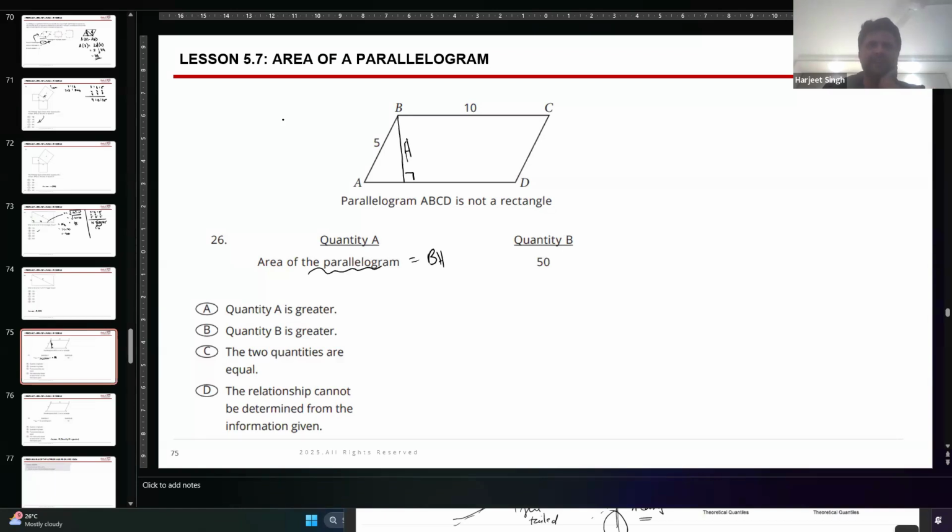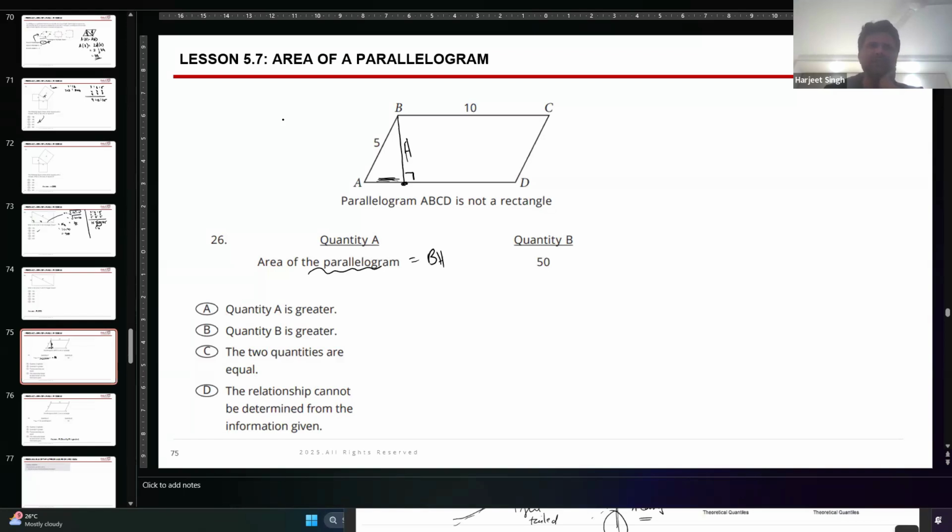To find height, I need this side, right? But I don't know what is the length of this. Where this perpendicular meets, I don't know what is x and what is 10 minus x. We don't know. Which means it cannot be solved.